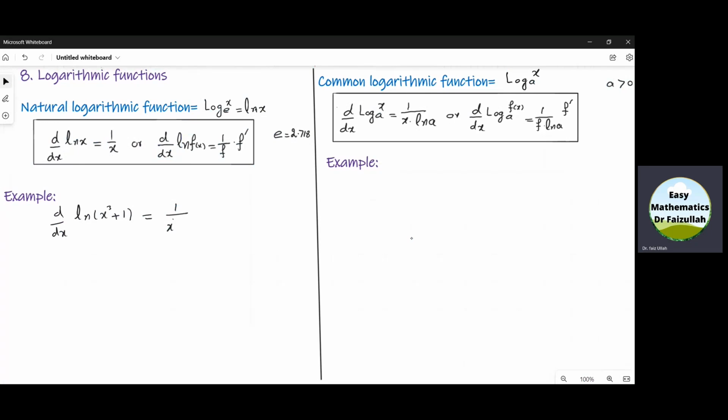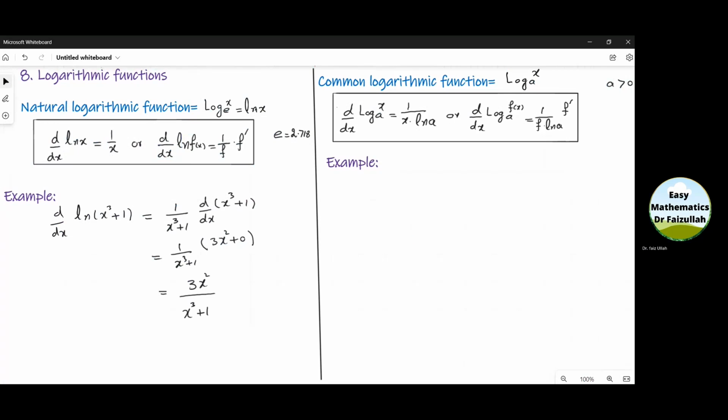Here f of x is x cube plus 1, and then the inner differentiation d by dx of x cube plus 1. So after simplifying this, we can see the differentiation of x cube is 3x square and differentiation of constant is 0. So we have the solution 3x square divided by x cube plus 1.